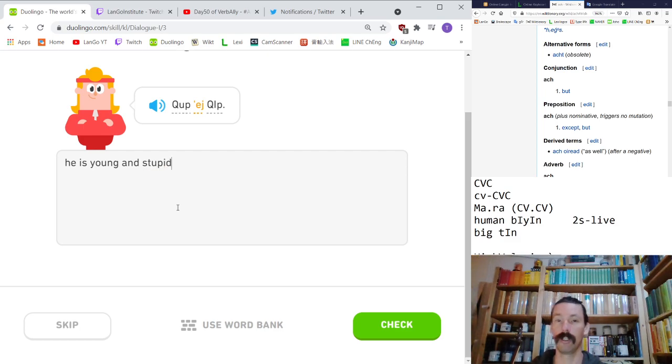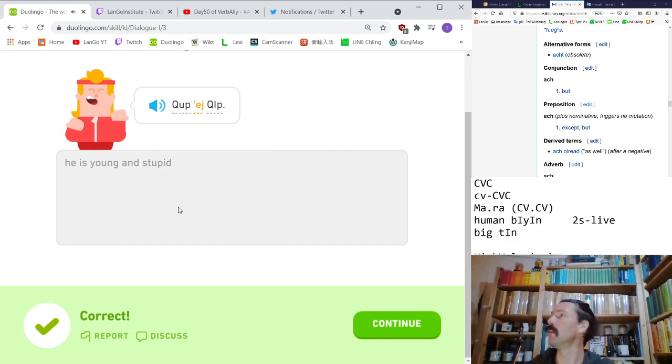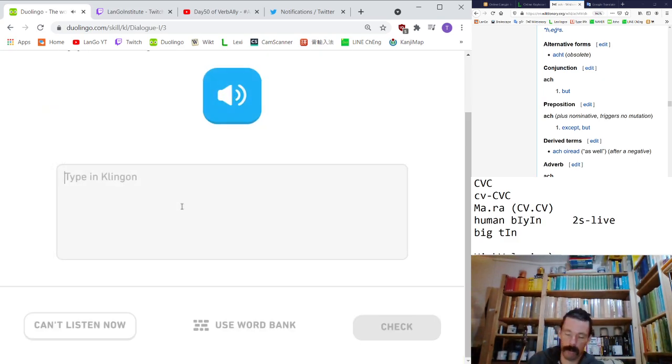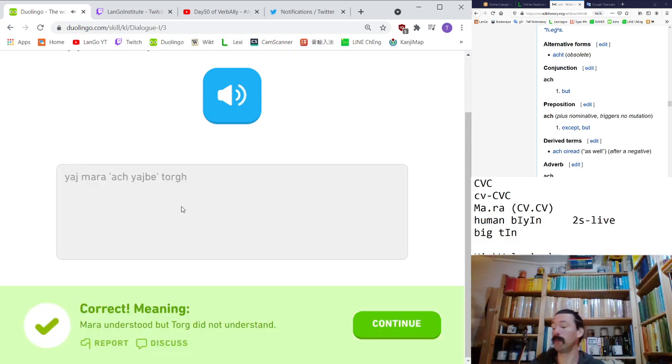Okay. When we connect hope with young, coop like a chicken coop, young chicken, and kip stupid. Yaj Mara. Ach Yaj Bet Torg. Torg is special because we have a cluster in that one. Otherwise not preferred in Klingon syllables, it seems.